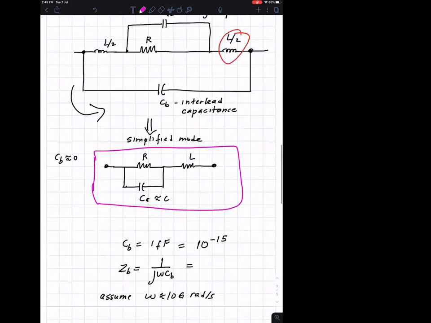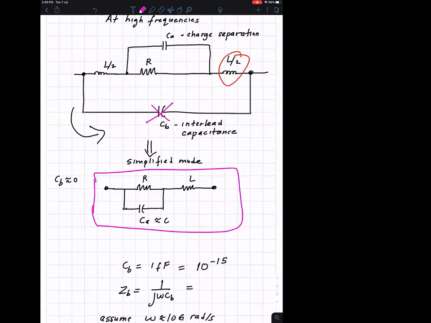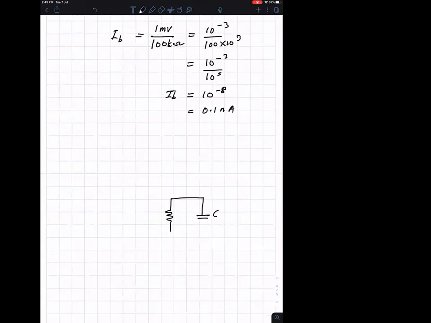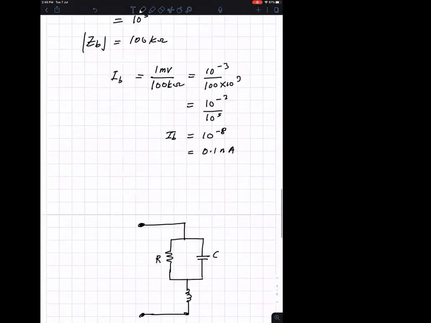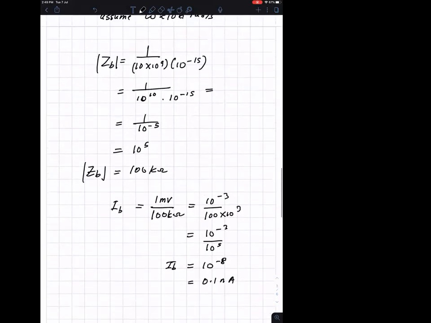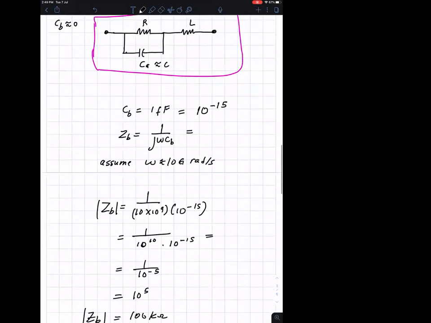I'm just ignoring this. So I'm just redrawing that circuit here.